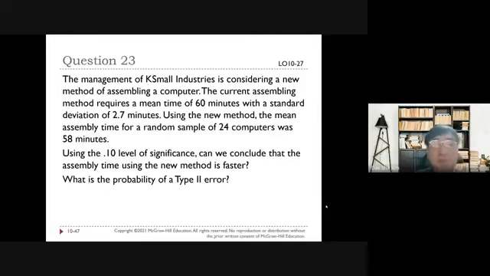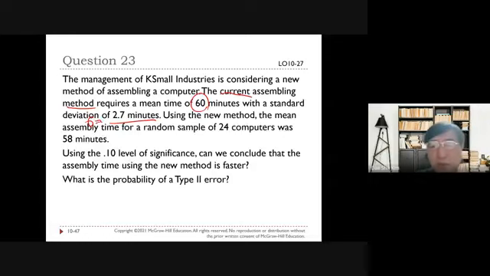From the textbook: the management of a small industry is considering a new method of assembling a computer. The current assembling method requires a mean time of 60 minutes with a standard deviation of 2.7. Sigma is known.